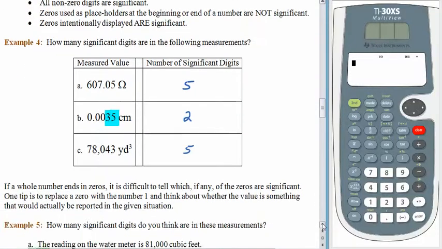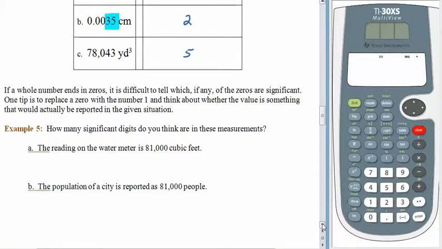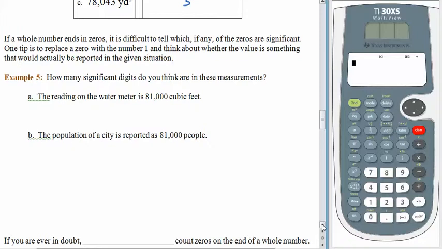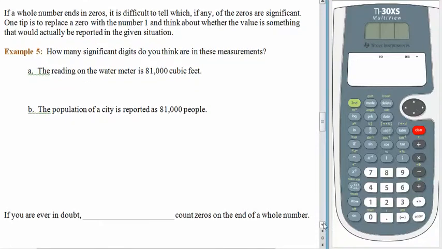The problem comes when we're working with whole numbers, large whole numbers that end in zeros. It's sometimes kind of hard to tell which of the zeros are significant and which of the zeros are not. One thing that we can do is rely upon our knowledge of the situation. You can imagine if a 0 was replaced by a 1, is it a measurement that you would possibly obtain in the same situation?